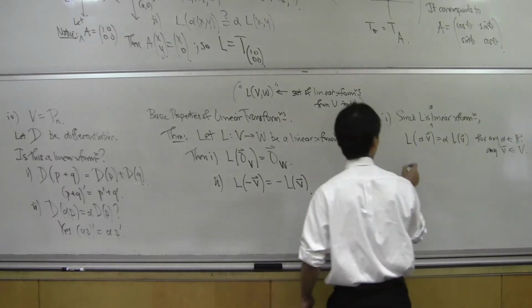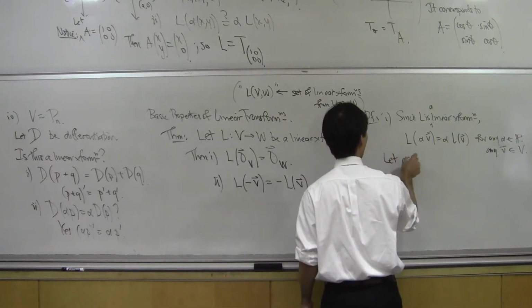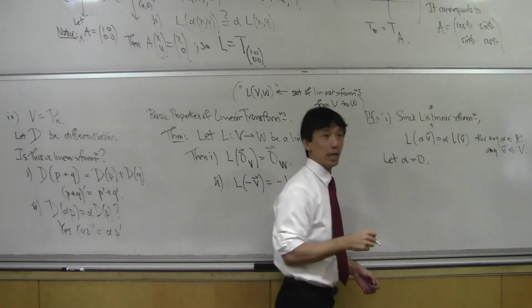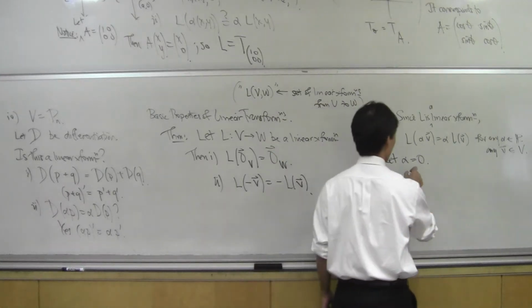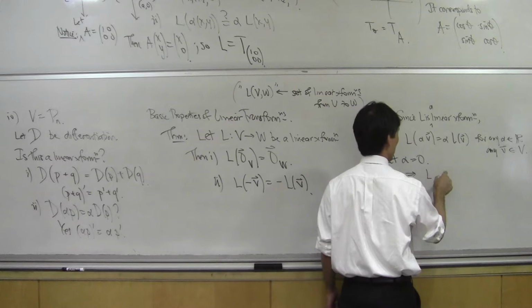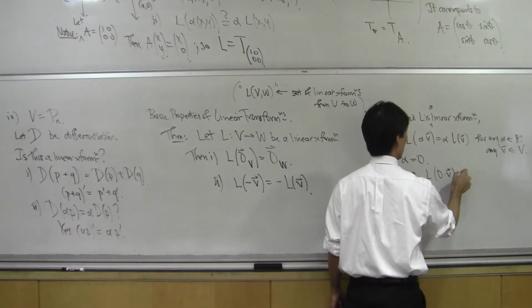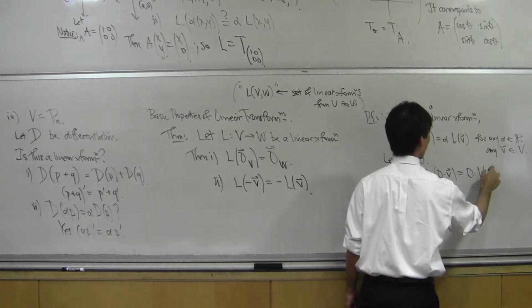Well, just let alpha be 0, and we get that L of 0 times v equals 0 times L of v.